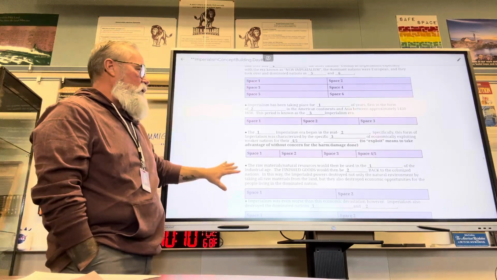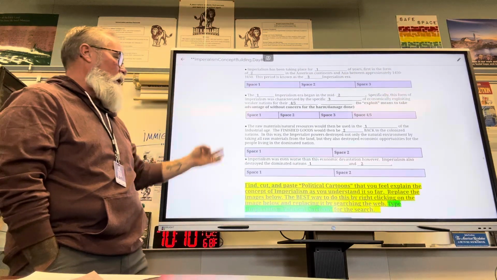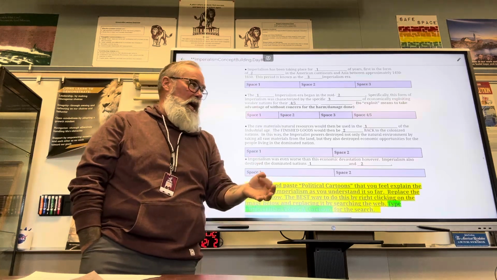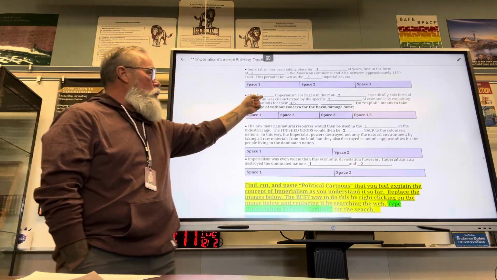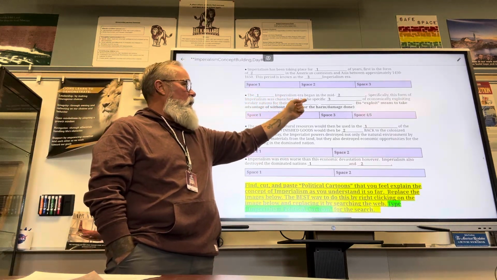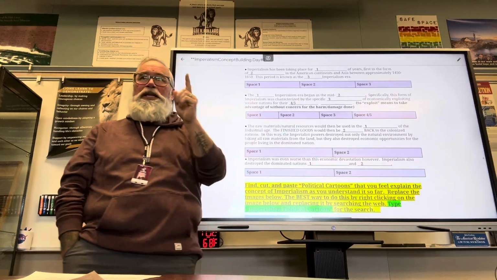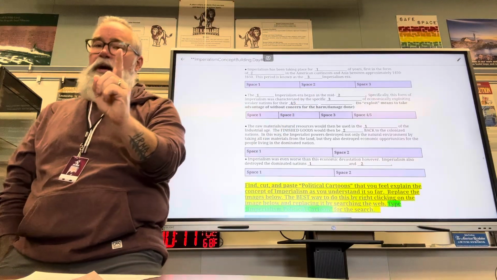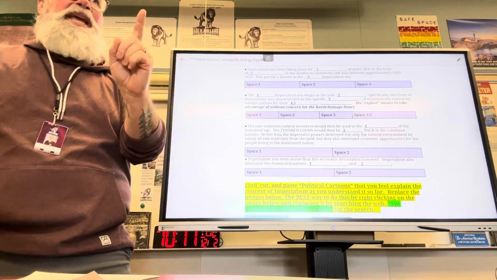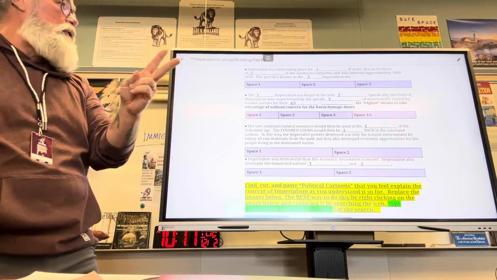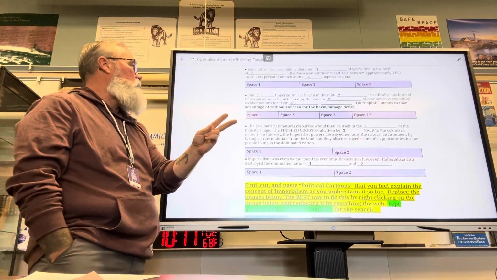The new imperialism era. Now, this is the 3rd bullet point, and this is what we're going to be focused on today. The new imperialism era began in the mid-1800s. So blank number 1, the new imperialism era began in the mid-1800s. You should be typing these answers in, kids.